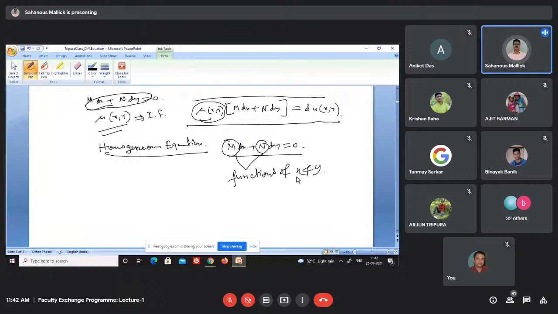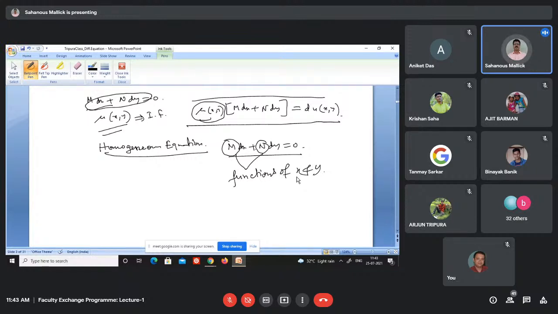This equation is said to be a homogeneous equation if both M and N are homogeneous functions of the same degree, say degree n.